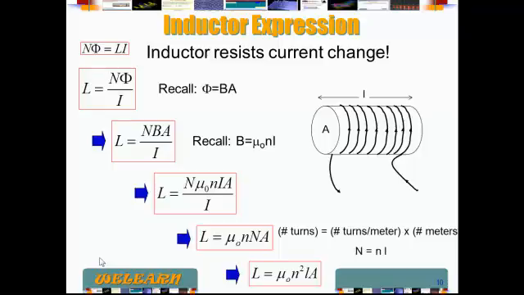When we developed the idea of self-inductance, you might have guessed it.